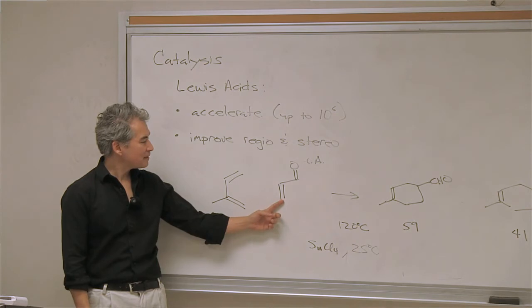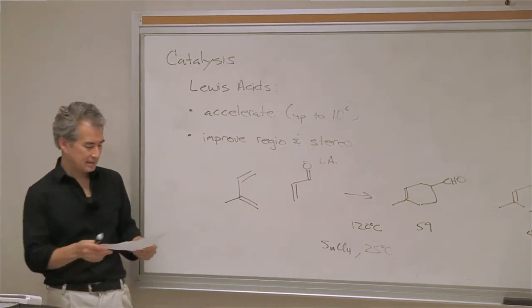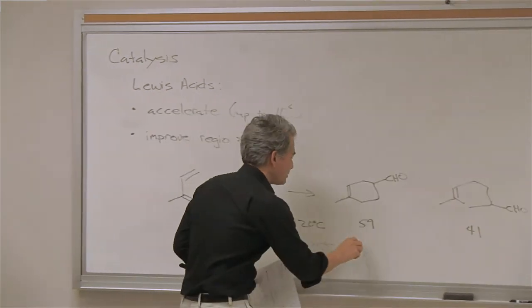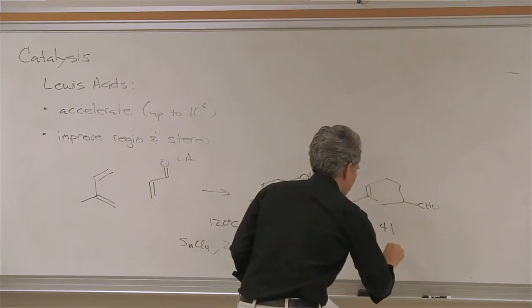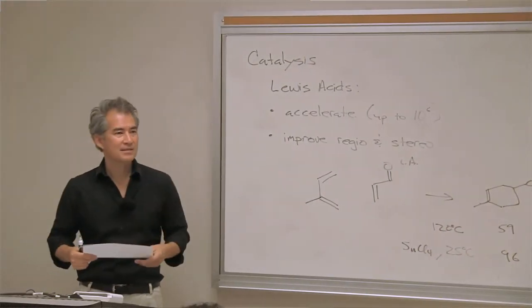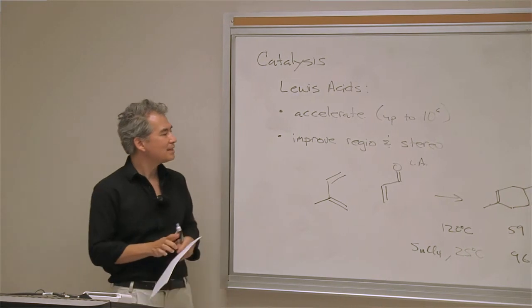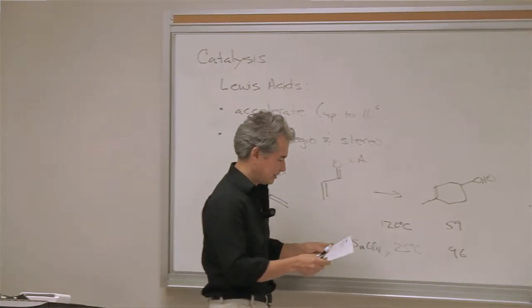So it makes it more electrophilic here. It distorts the LUMO, so it's bigger here on that carbonyl. And so now, not only do you get a reaction that goes at lower temperature, you now get higher regioselectivity, 96-4. That's the effect of Lewis acids. So if you're in the lab, yeah, you could just heat things up. But usually people add Lewis acids to Diels-Alder reactions.